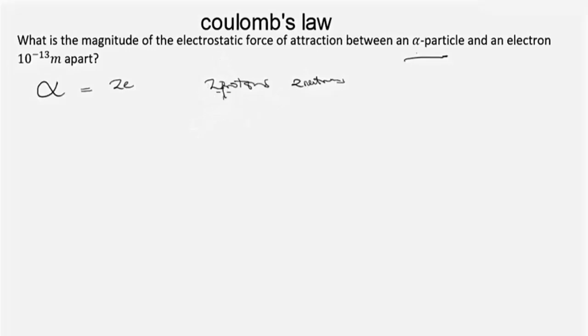So an alpha particle will have two protons and two neutrons. So for that, the charge is positive 2e, whereas an electron will have just e.